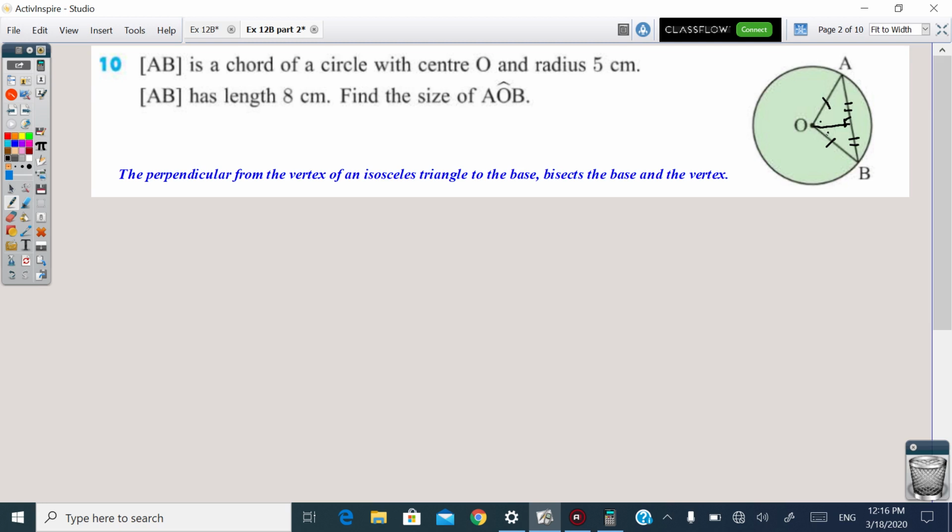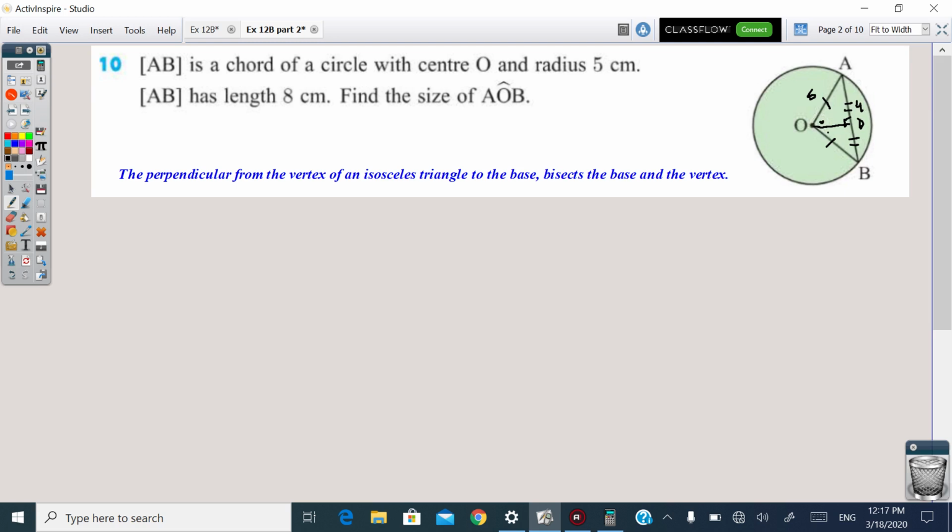And in this case, the radius is 5, so OA is 5, and AB is 8, so this part, let's say from A to D, is half of AB, so it's 4, and you can calculate this angle AOD.